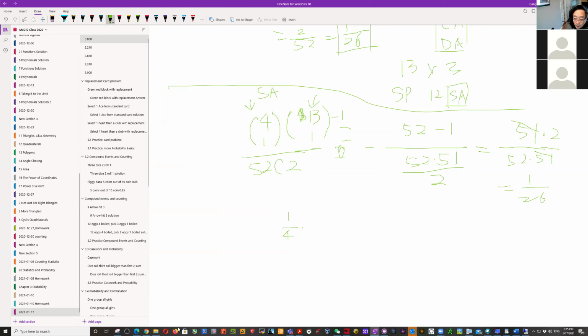Then we are also choosing a heart. Choosing a heart basically is 1 out of 13. Choosing a spade is 1 out of 13.